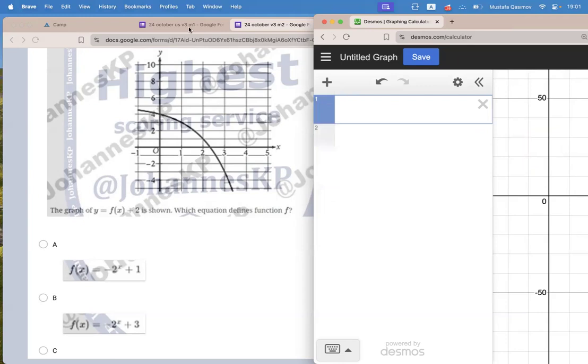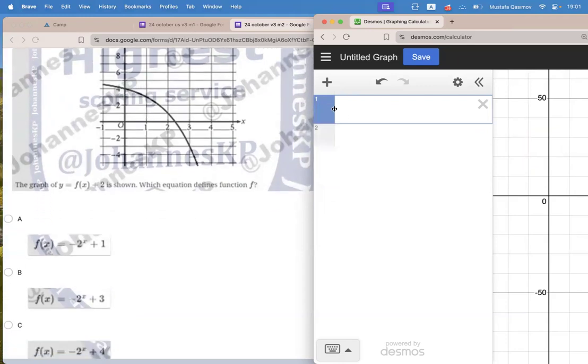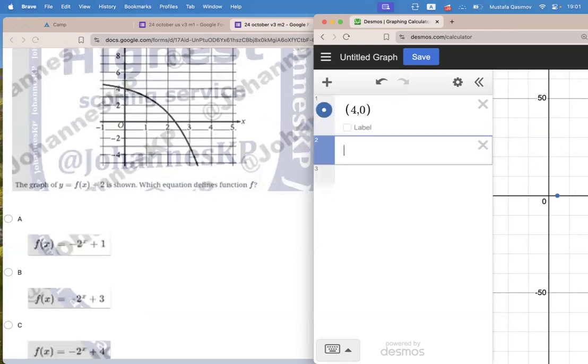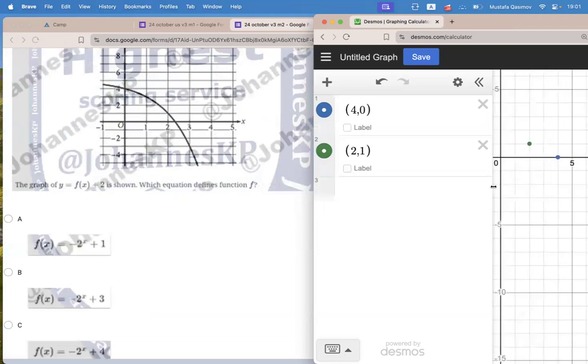Select one point. Let's say we select 4 and 0. And we are selecting, for example, 2 and 1. Actually, one of them is enough, but let's select 2 of them. Then let's write here f of x plus 2.